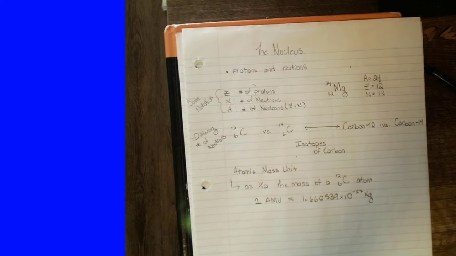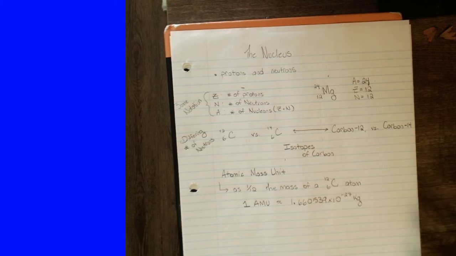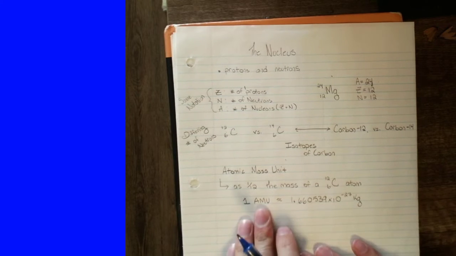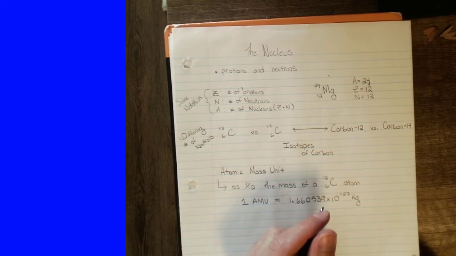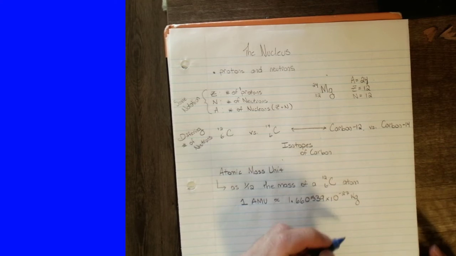So that's one atomic mass unit. We start to define everything, including protons, neutrons, electrons, and different atoms, in terms of its mass in atomic mass units.